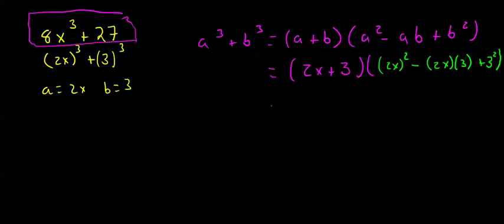And this is equal to the quantity 2x plus 3 times 2x squared, 2x times 2x, 4x squared, minus 2x times 3, 6x, plus 9.